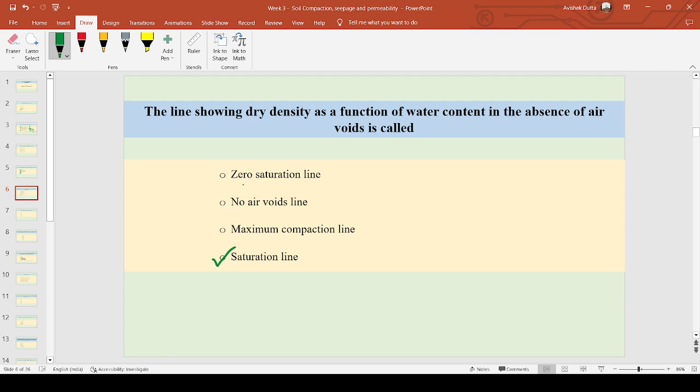It is also called the zero air voids line. When there is no air void present, that means upon compaction, all the voids are filled with water. So the soil is completely saturated. Hence, it is called a saturation line, also called a zero air voids line.